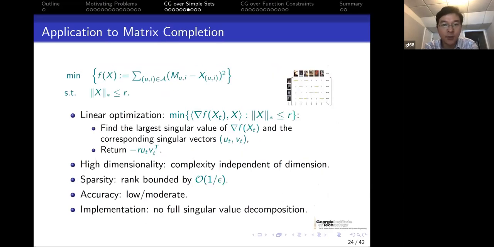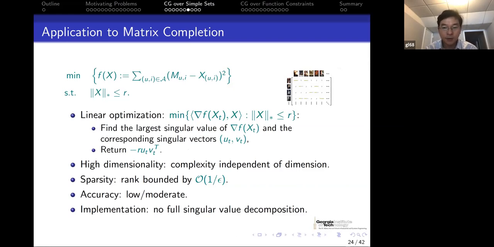So now let's see how we are going to apply it to matrix completion. Again, what we need to do more carefully is how to solve the linear optimization problem. This is easy because all we need to do is to find the largest singular value of the gradient. Once we find the largest singular value and the corresponding singular vectors, then we can solve this linear optimization problem by returning R times U V transpose.